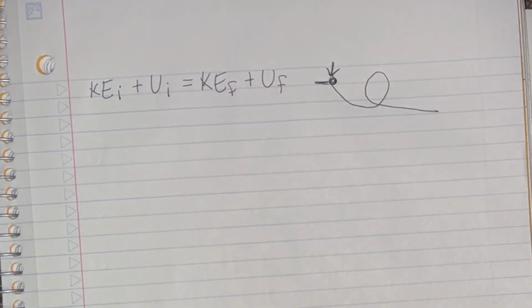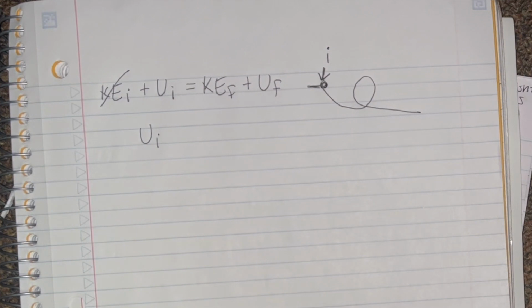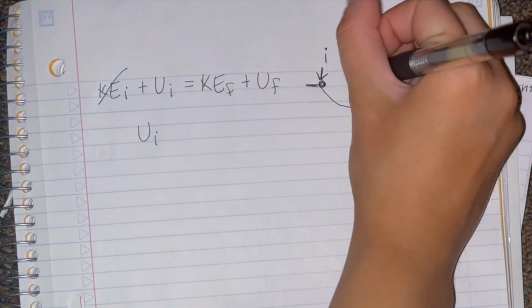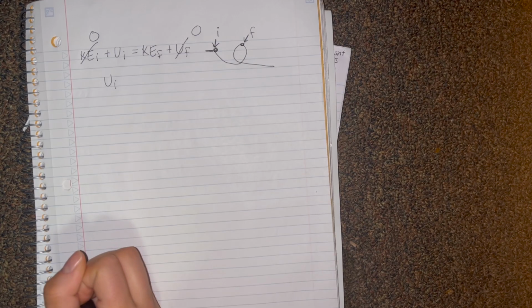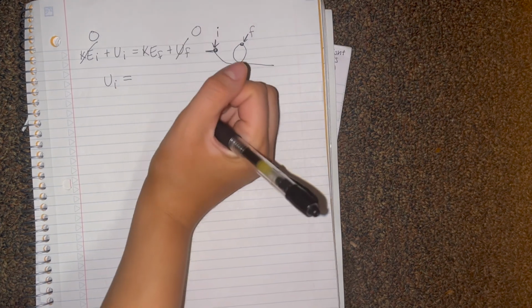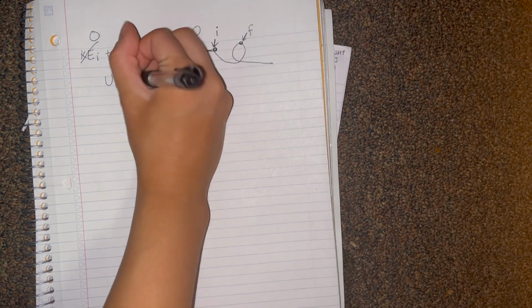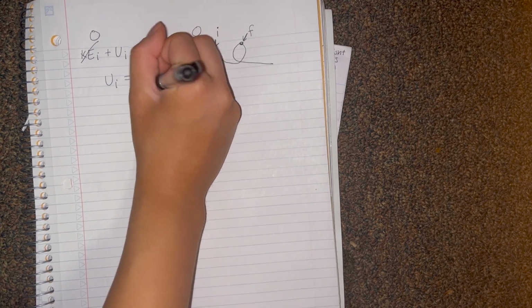However, there is a lot of initial potential energy because the ball has the potential for movement. Then when it goes up the loop, our final point is going to be right here, right at the top. There is no more potential energy. So knowing all of this, we can determine that the initial potential energy is equal to the final kinetic energy.